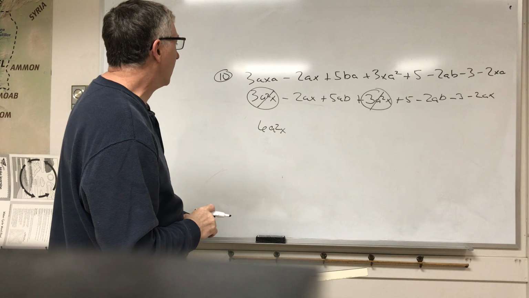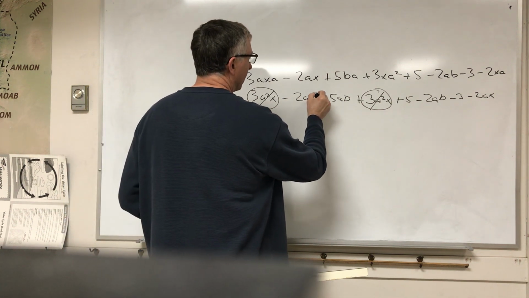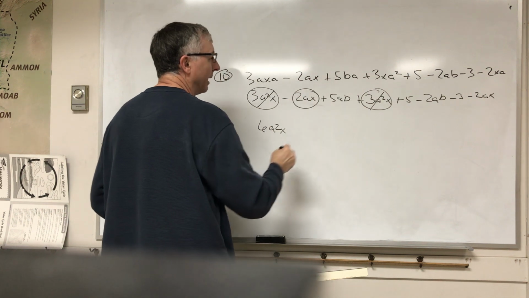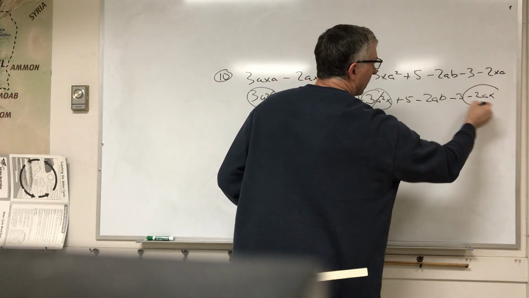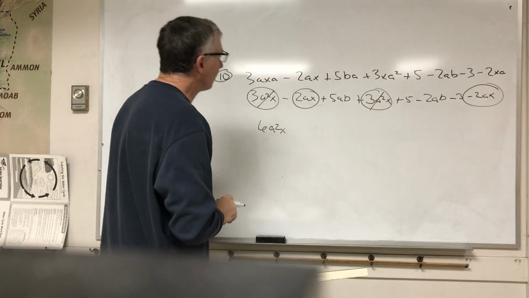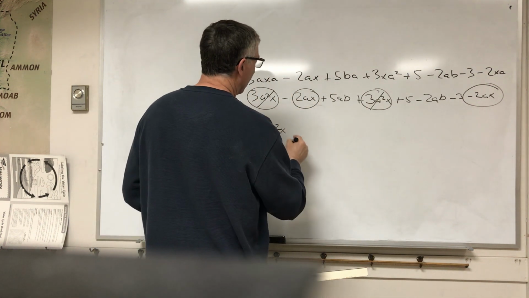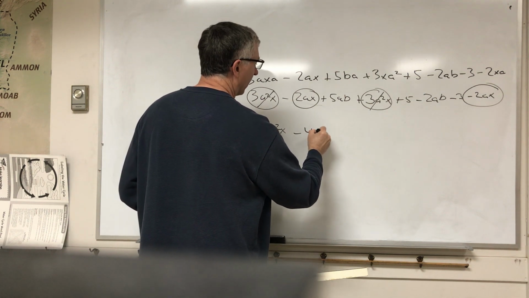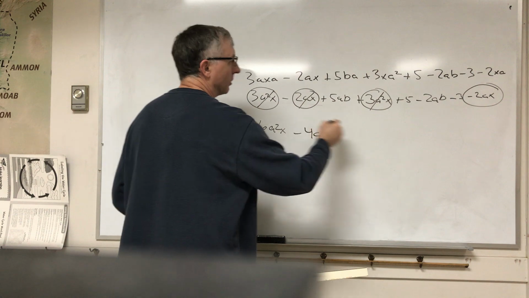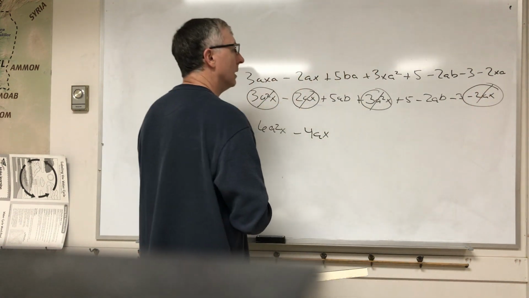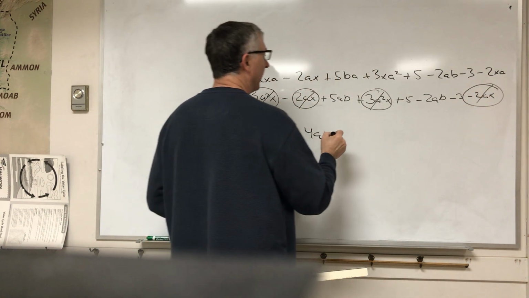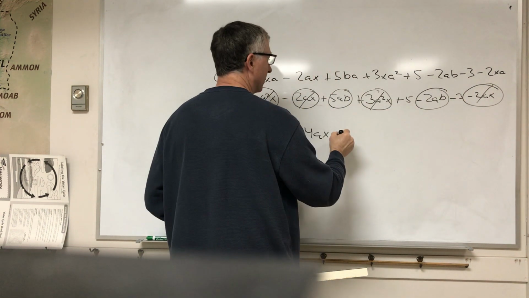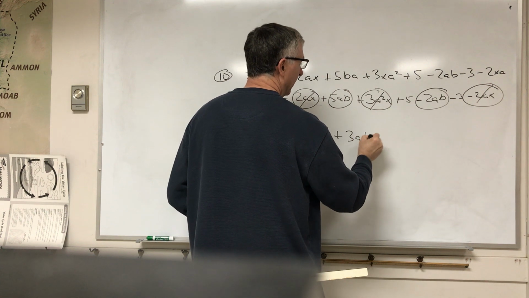Now let's go to the next term, and we're going to look for the ax's. There's a minus 2ax, and back here's a minus 2ax. A negative 2ax and a negative 2ax gives you negative 4ax. And those two are done. I have a 5ab here and a minus 2ab here, so that's a positive 3ab.